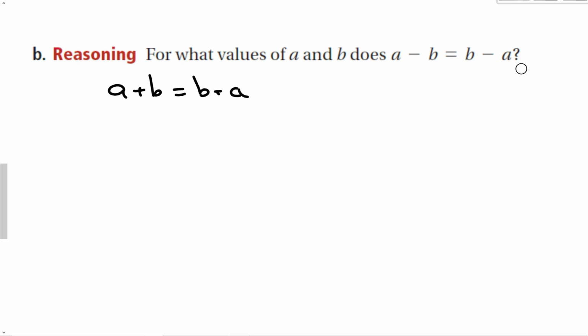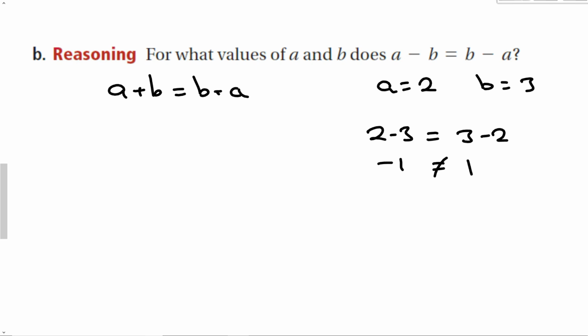But it's clearly not. If I plug in some numbers, let's say a is equal to 2 and b is equal to, keep it easy, 3, that would say that 2 minus 3 is equal to 3 minus 2. But 2 minus 3 is negative, and it is not equal to 3 minus 2. So negative 1 is not equal to 1.